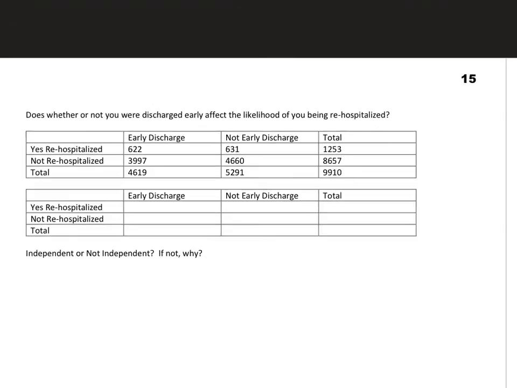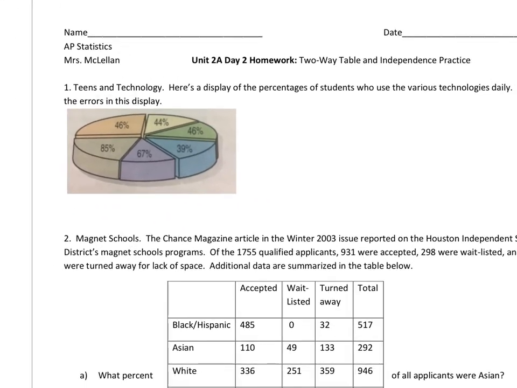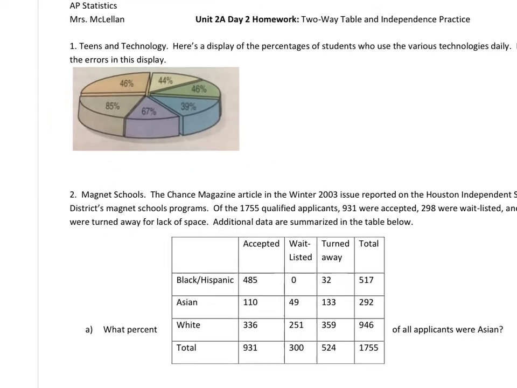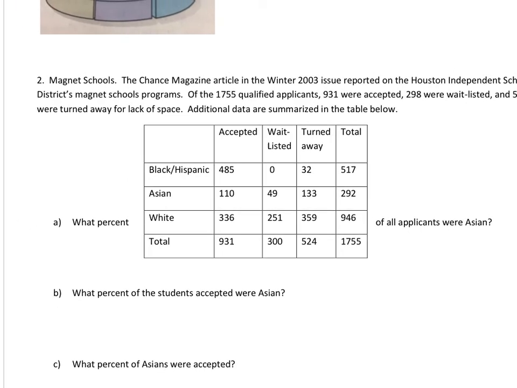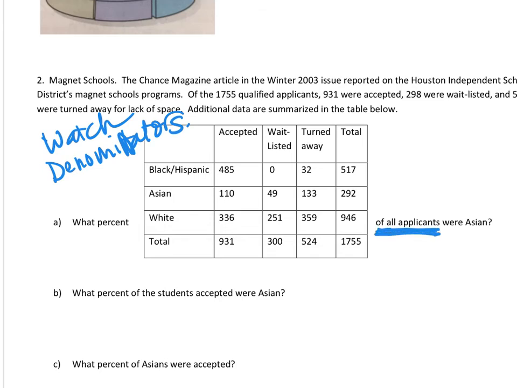Now, let's jump over here to the second problem in your assignment, because I want to make sure that you are very, very careful on what the denominators are. So make sure you are watching denominators. For example, and I'm sorry this first one split the table: what percent of all applicants were Asian?